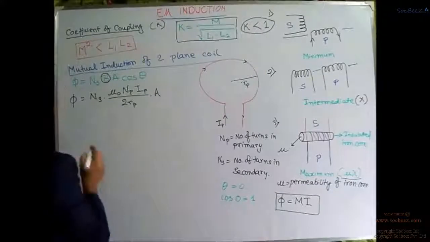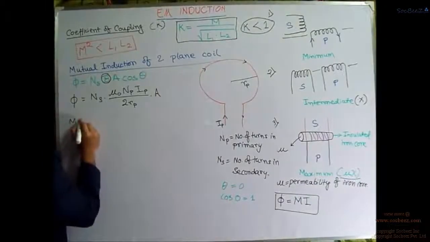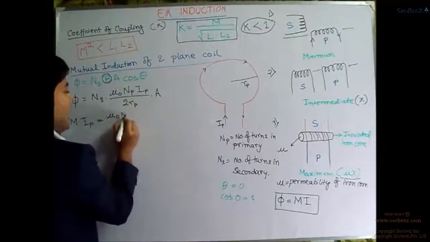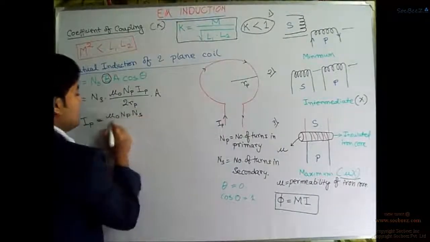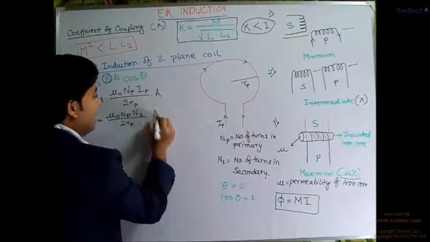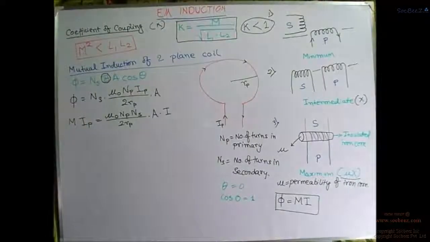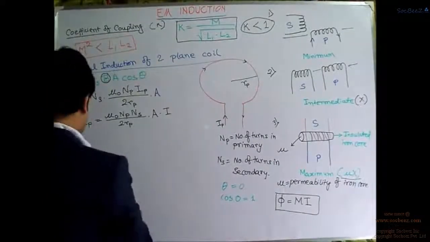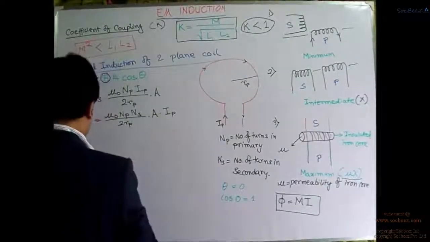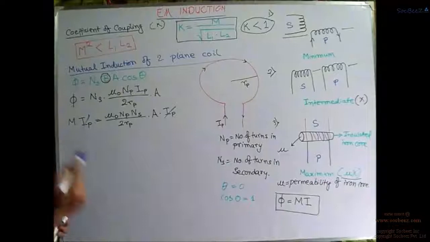So over here we could write M multiplied by Ip equals mu naught Np Ns divided by 2 Rp, multiplied by A and multiplied by Ip. We can see that this Ip and this Ip will get cancelled out.